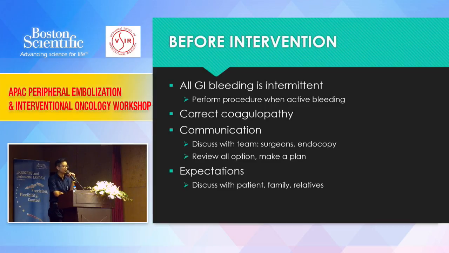We also have to correct the coagulopathy for the patient, and we should have a very good relationship with the clinical doctors, especially the digestive surgeon or gastroenterologist. We have to explain very well to the patient, relatives or family, because some bad things can happen after the procedure.